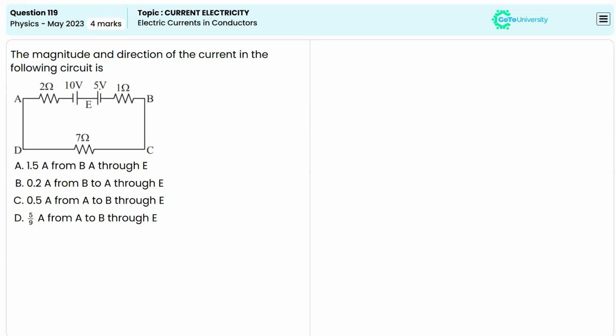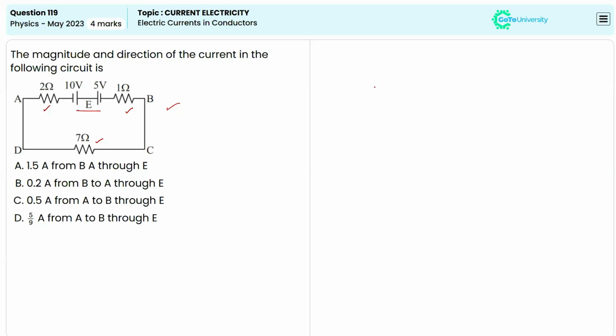Okay, so now the question here is to calculate the magnitude and the direction of current for a given circuit. In this circuit, we have three resistors, 2 ohm, 1 ohm and 7 ohm. And we have two batteries, one having 10 volt and another having 5 volt.